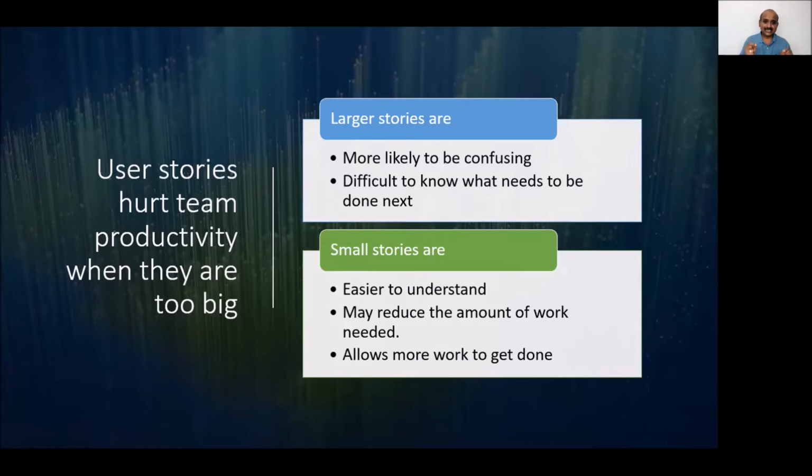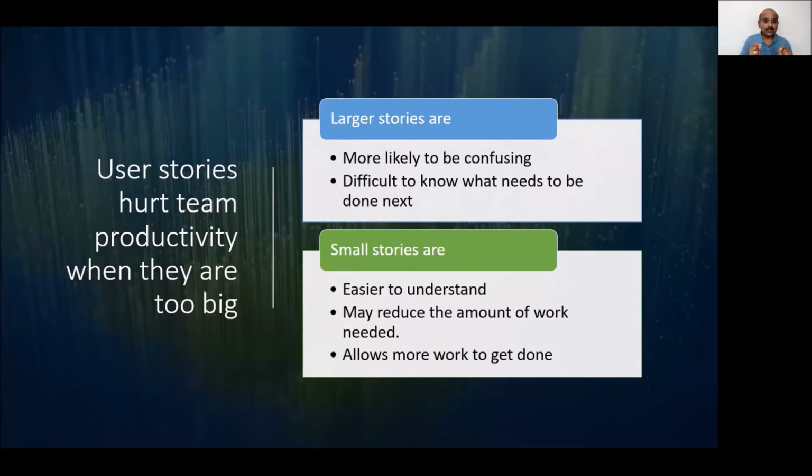On the other side, smaller user stories are easier to understand because they are defined in a simple way. When you follow simplicity, you are adding more clarity, more expertise, so they're easy to understand.